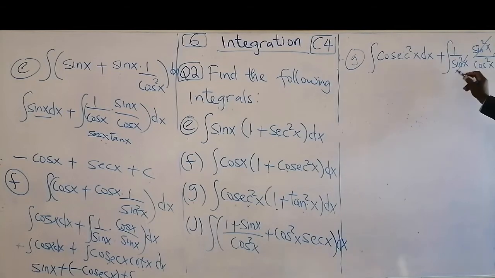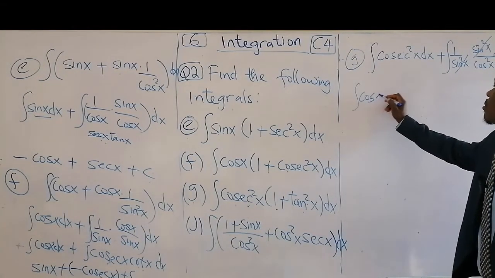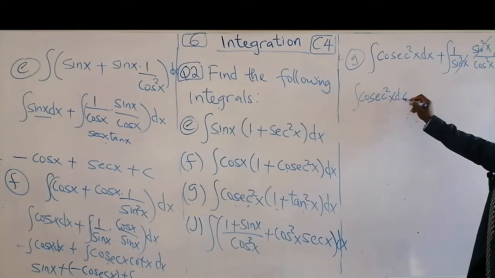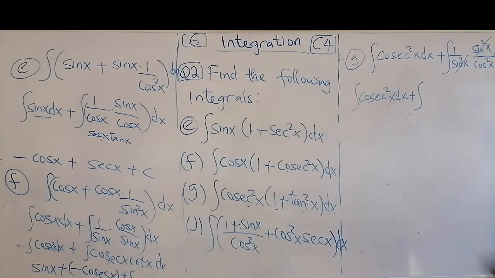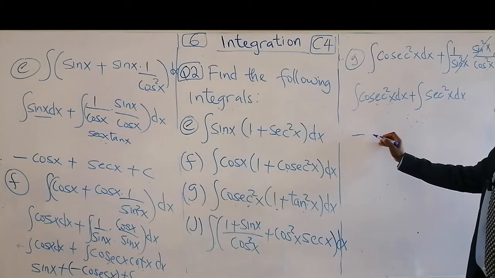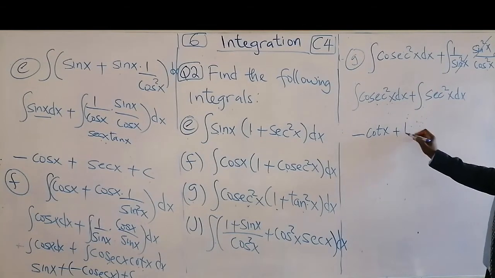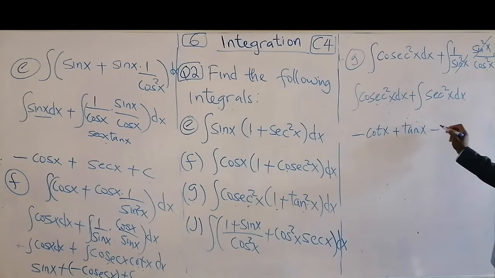So this we cancel. So we now have integral of this plus integral of 1 over cos square x, that's sec square x dx. So this will give you minus cot x, and this will give you tan x plus c. So that finished that.